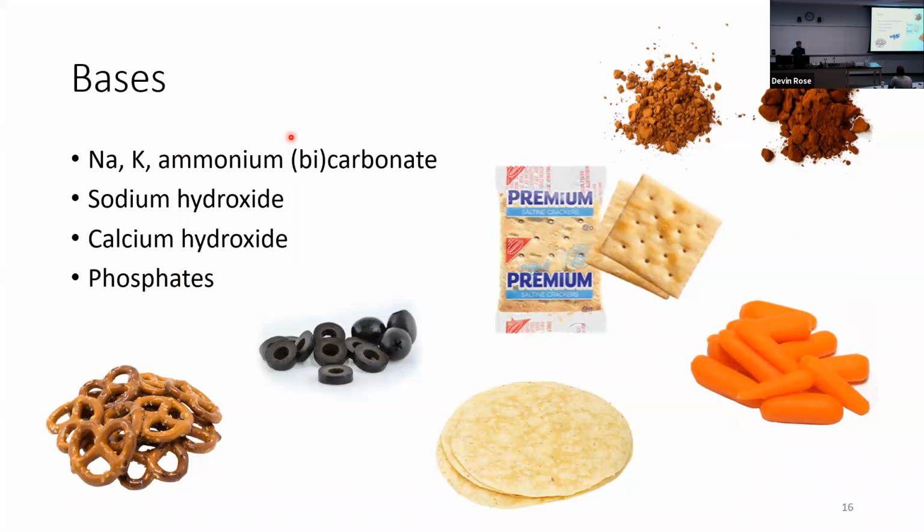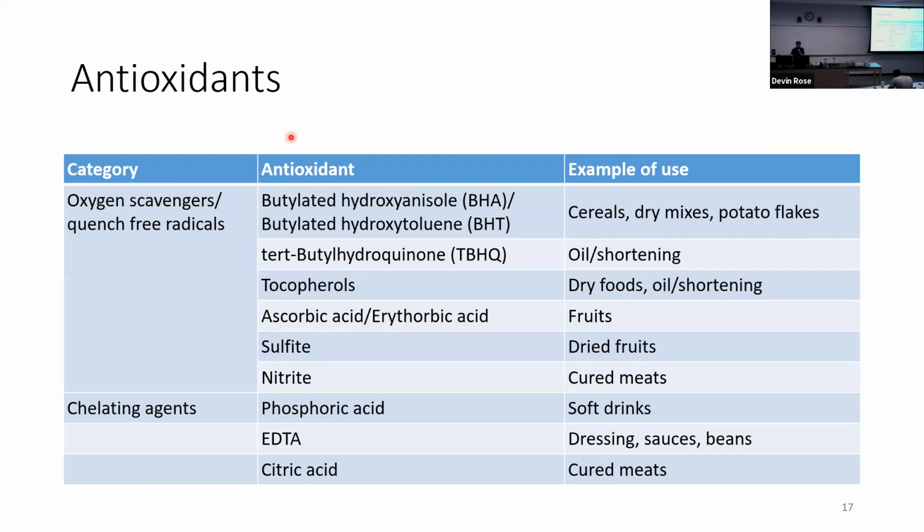Okay, we've got 4 minutes. Antioxidants, we have several different kinds. We have some here that are synthetic antioxidants. You've no doubt heard of these: BHA, BHT, TBHQ. These are very efficient, extremely powerful antioxidants.